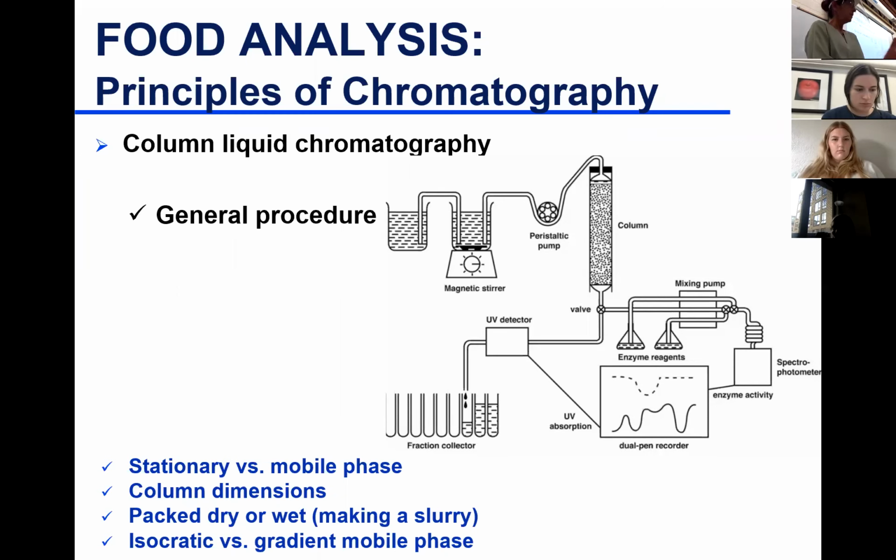It is increasing the strength in whatever direction you have an interaction with the column. All right, so sometimes in ion exchange, you increase the salt concentration or change the pH. And sometimes the pH is a reduction in pH or increasing the pH. So anything you do to the mobile phase, you are increasing its strength so that your components that are interacting a lot with the column come out.